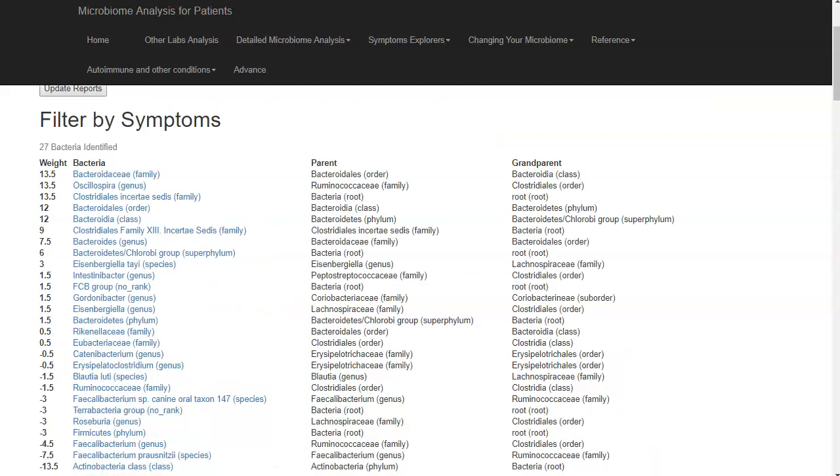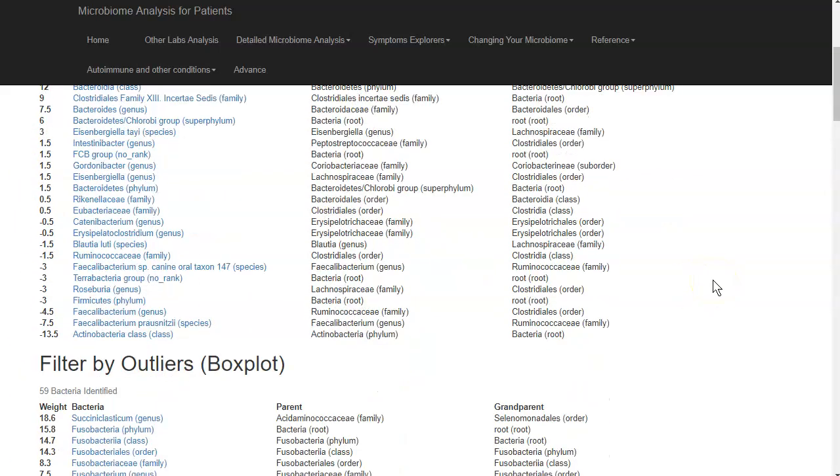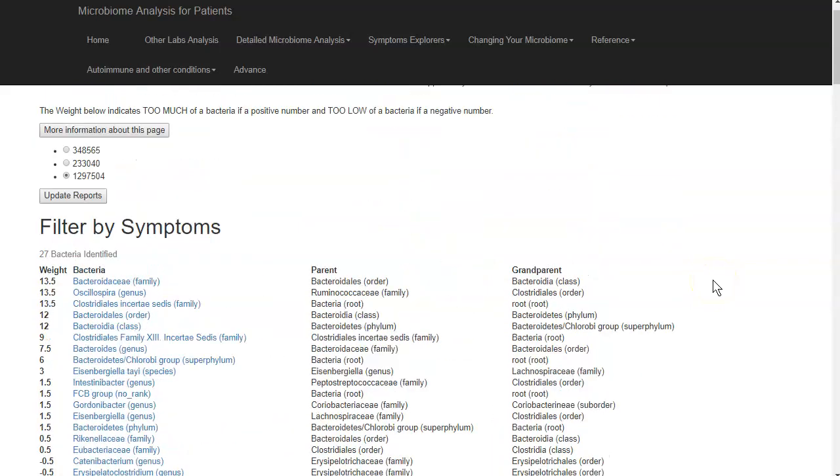Here is another example of somebody who has entered symptoms, and in this case, she has really hit the jackpot. We have 27 bacteria associated with her symptoms, which is a nice ratio. Now, the weight here indicates basically, is it too high or is it too low? So positive is too many and negative is too few. If you go down to outliers, we have 59.